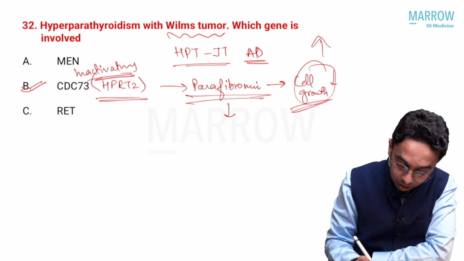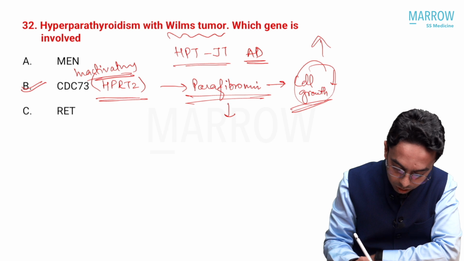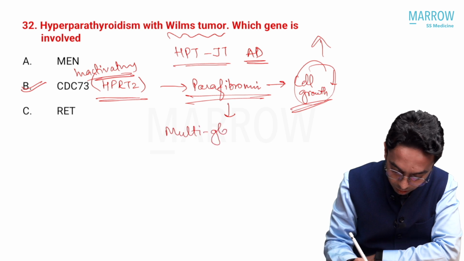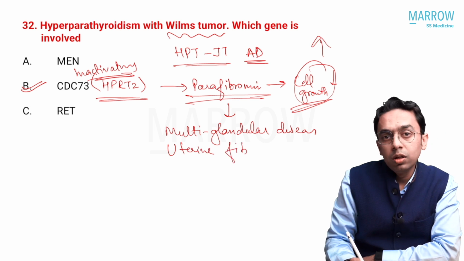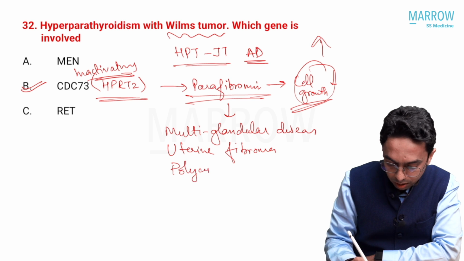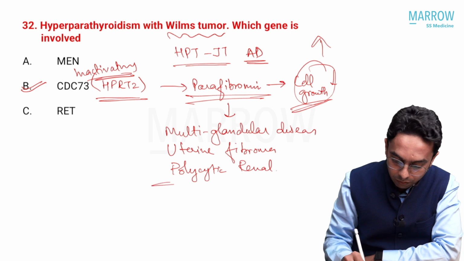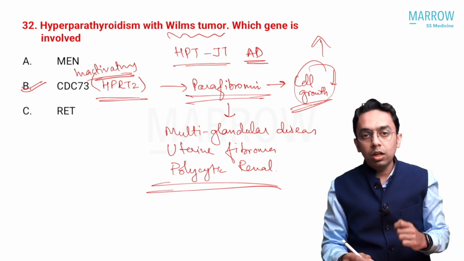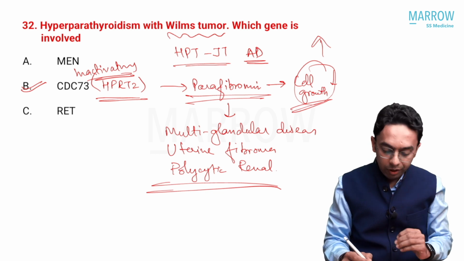Then regarding the hyperparathyroidism, they have multiglandular disease. This was asked. Then they have uterine fibroma. They have polycystic renal disease. And one more important question was asked, that how many of them have parathyroid carcinoma, because it's very rare.